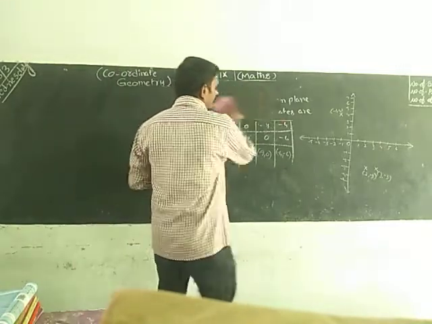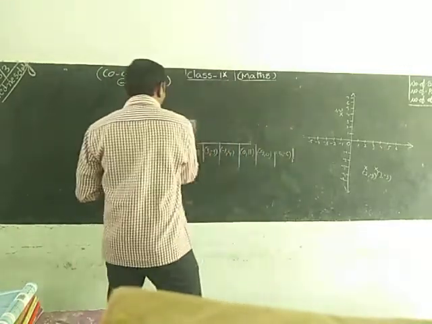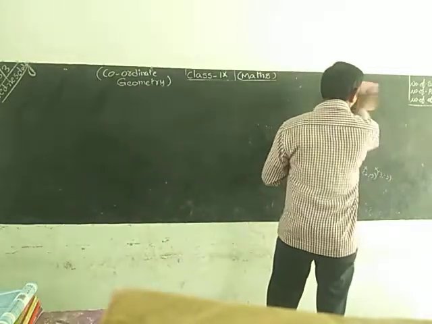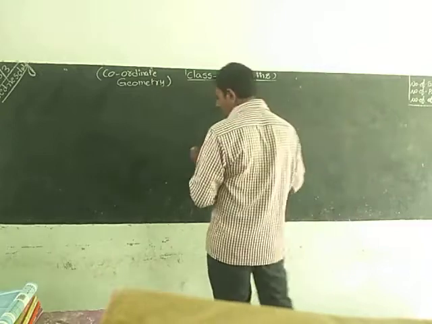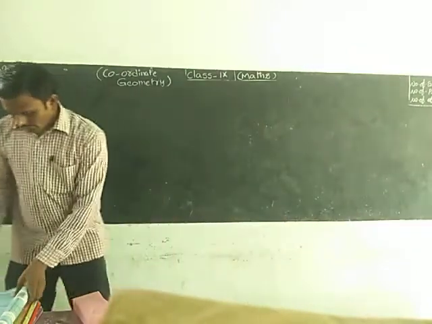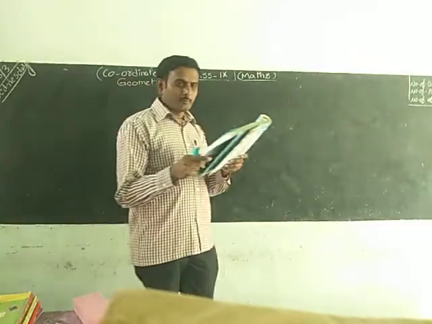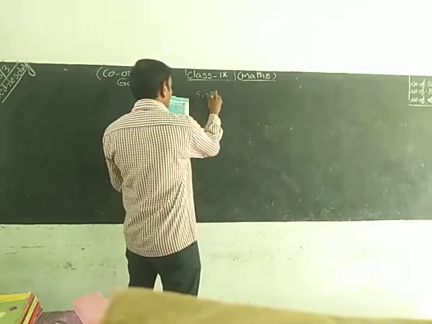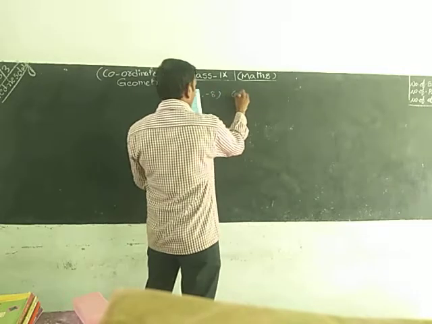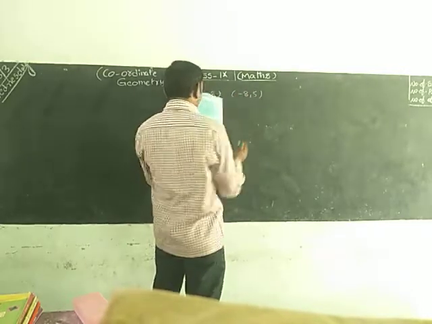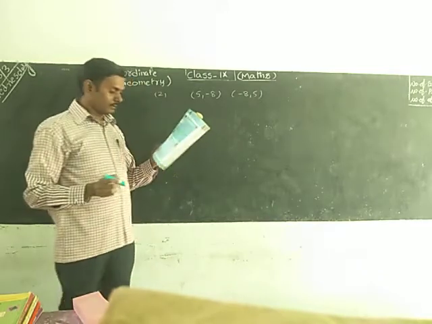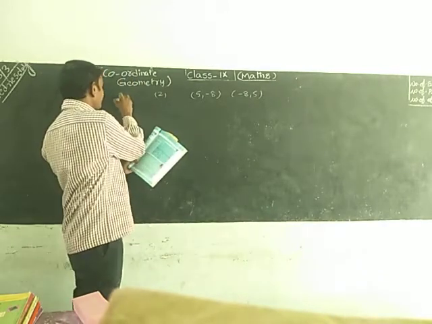Okay, second problem. I will explain the second one. Are the positions of 5 comma minus 8 and minus 8 comma 5 the same? This is the second question on page number 121.